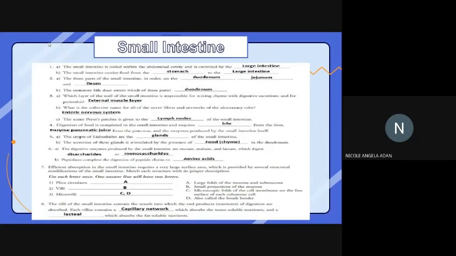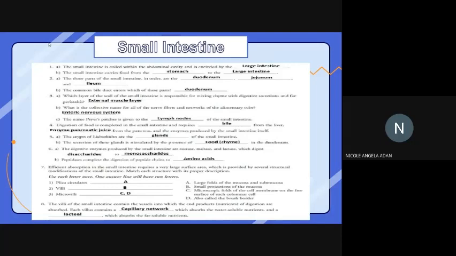Small intestine. Number 1. The small intestine is coiled within the abdominal cavity and is encircled by the large intestine. Letter B. The small intestine carries food from the stomach to the large intestine. Number 2.